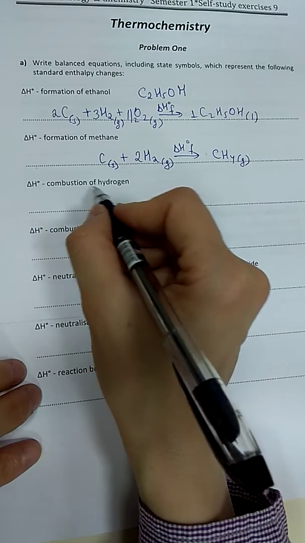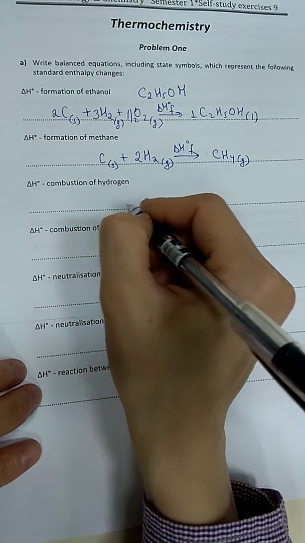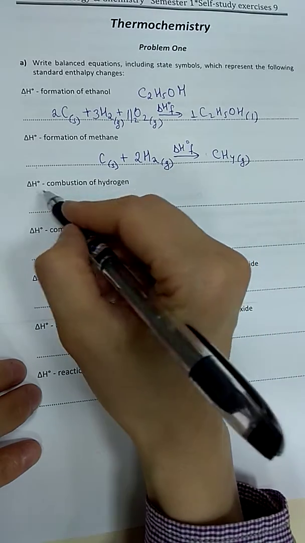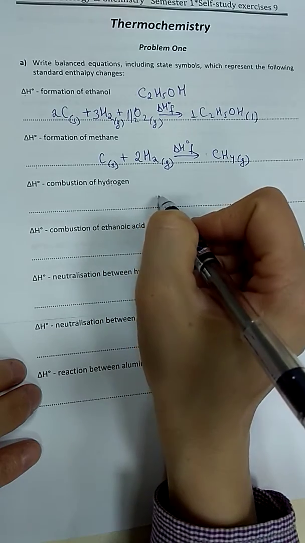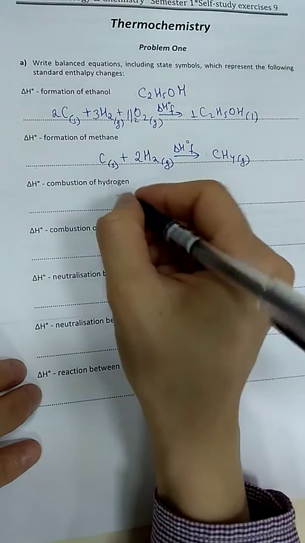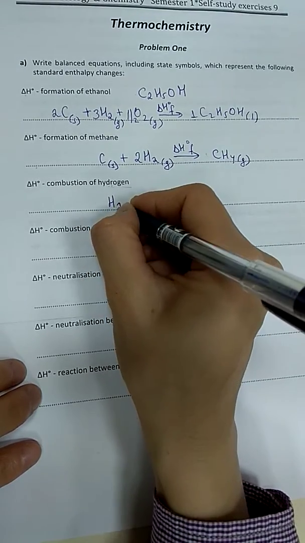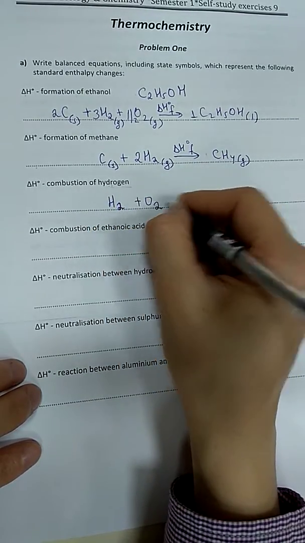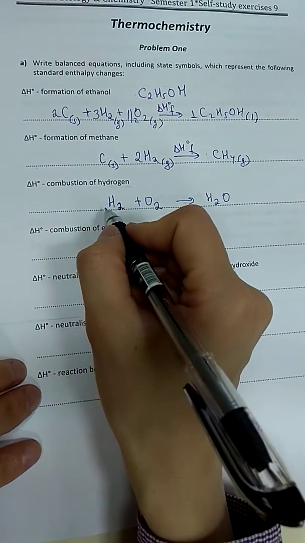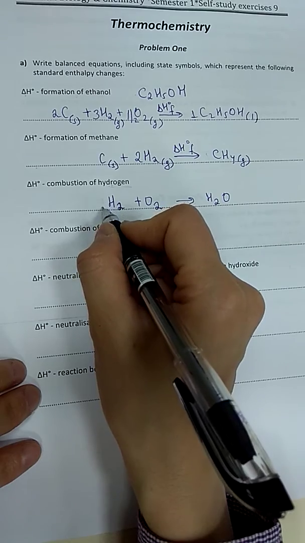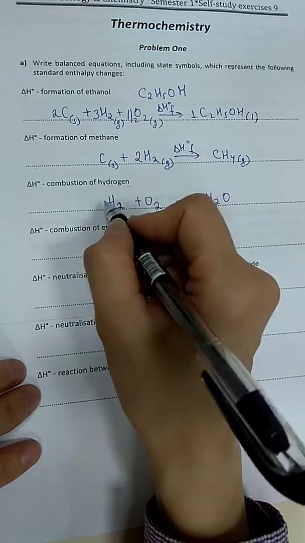And the next one is combustion of hydrogen. So combustion means we are burning a substance under excess oxygen. So this is the heat change when you burn 1 mole of substance under excess oxygen under standard conditions. So we are burning hydrogen with oxygen. Burning, combustion, means you are reacting it with oxygen, and forming, in this case, water. So you must burn 1 mole of substance, so all other coefficients should rely on that coefficient.